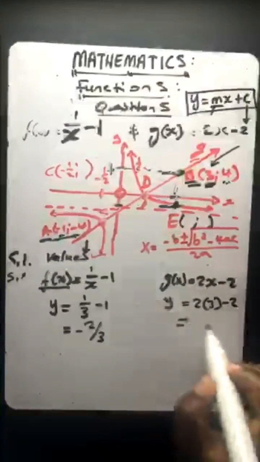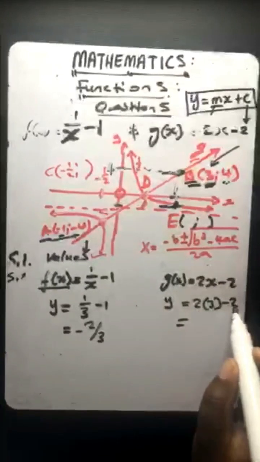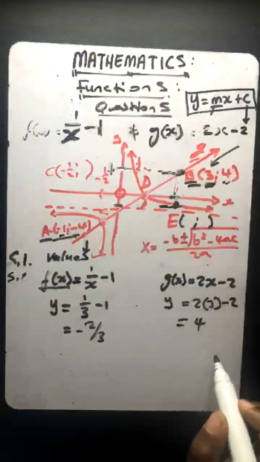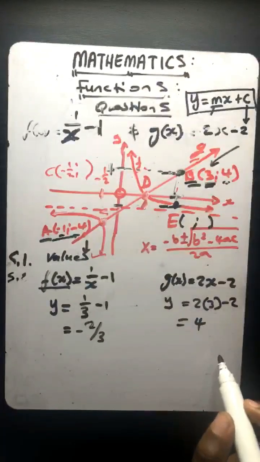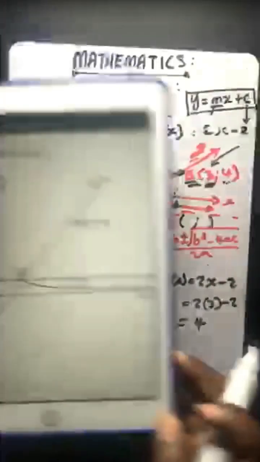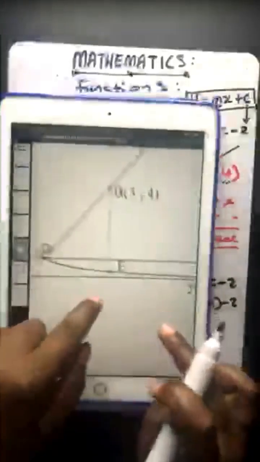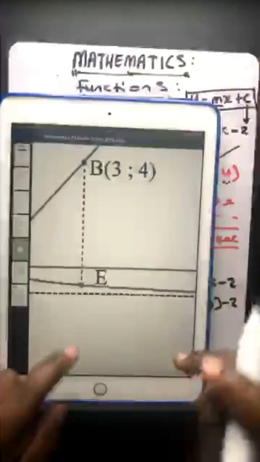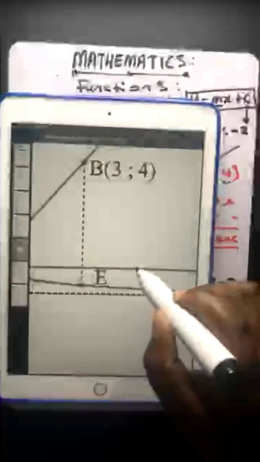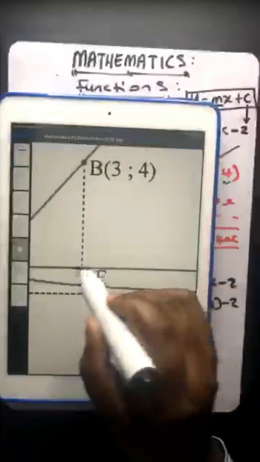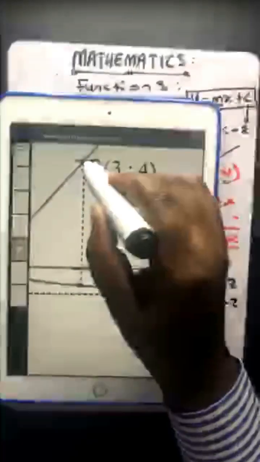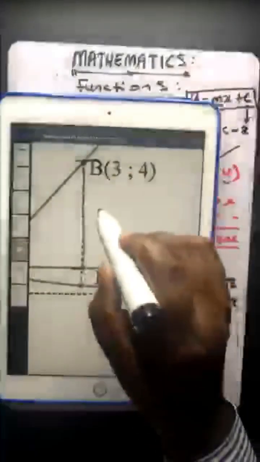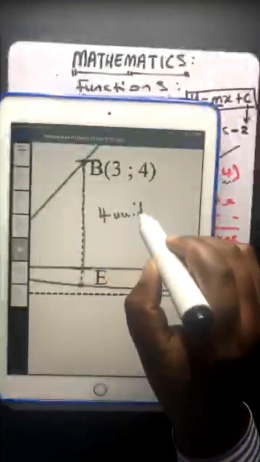That times that is 6. 6 minus 2 is 4. So that means from here going all the way up to B, it equals 4 units.